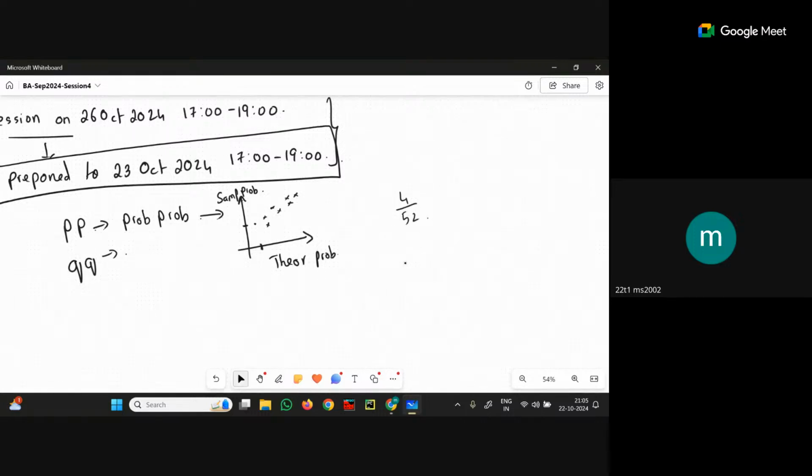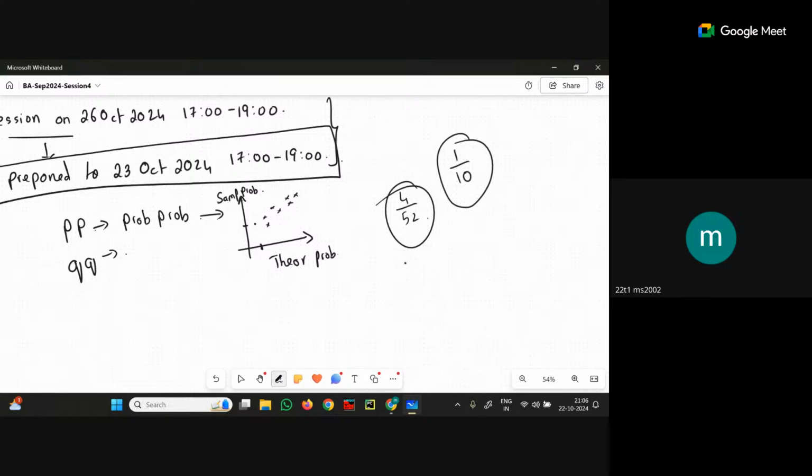Now, what you are given is, from that I'm randomly shuffling and taking out 10 cards and giving it to you. Okay. In that, how many kings you have? You have 1 out of 10. Let's say you got only 1 king. 1 out of 10. This is the sample probability. Okay. This is the theoretical probability. Got it? So if I plot this for the different values, I will get a graph.